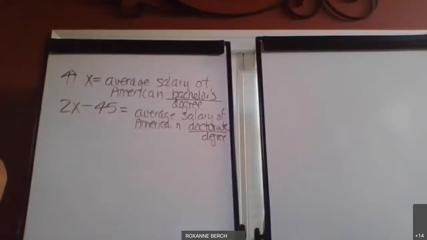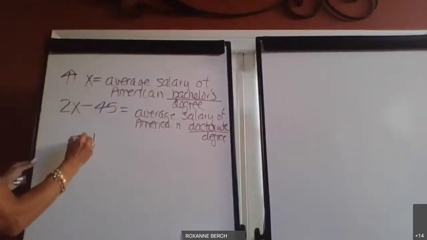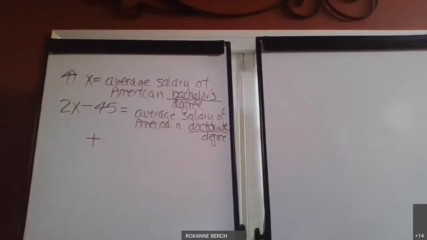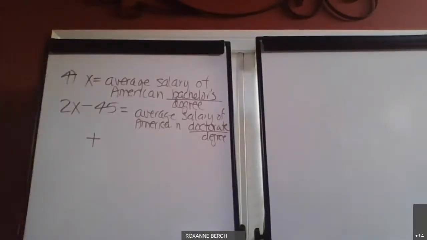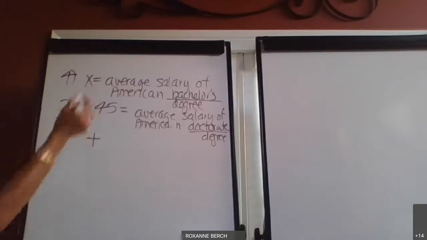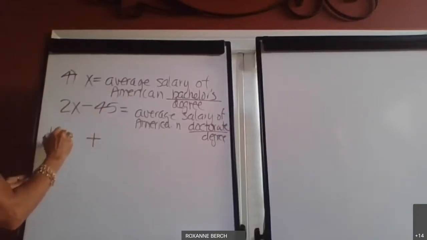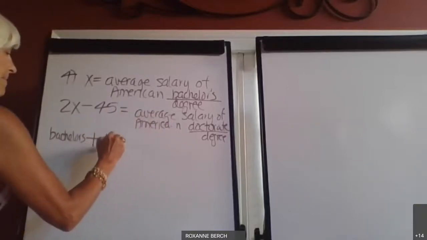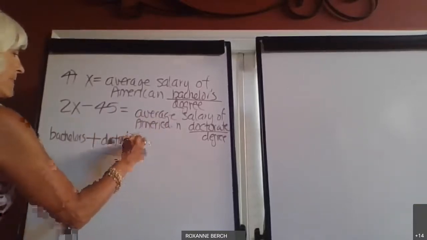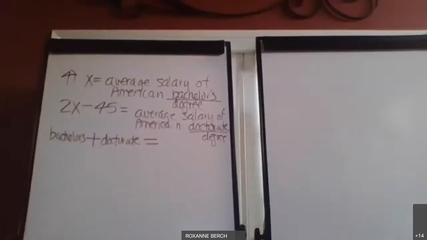So what's next? Well, they're saying that combined, which means add. These words mean mathematics. So it says combined, the two people with these degrees, so a bachelor's and a doctorate, is, in math, means equals.